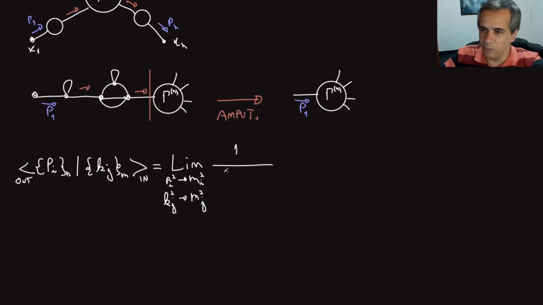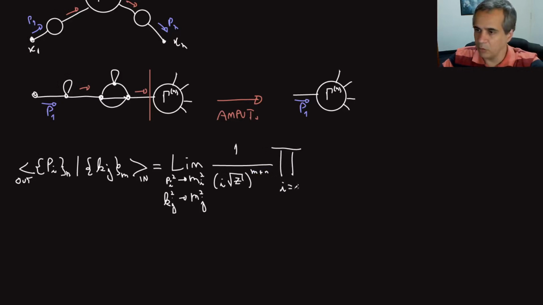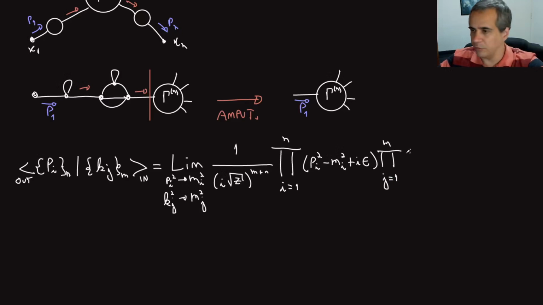And this is the formula: 1 over i square root of Z to the m plus n, product of i going from 1 all the way to n of p_i squared minus m_i squared plus i epsilon, and another product from j going from 1 all the way to m.